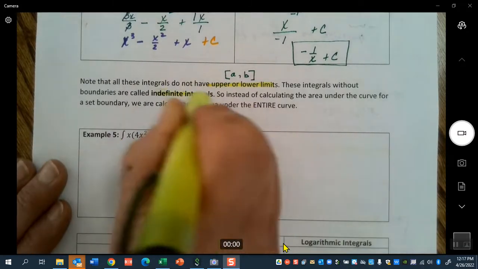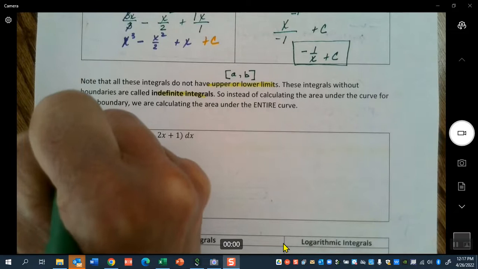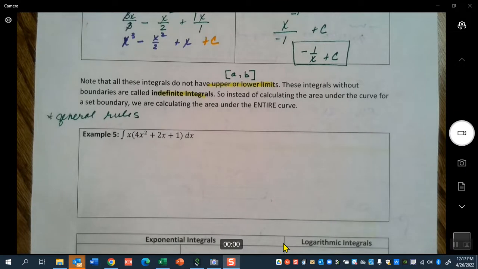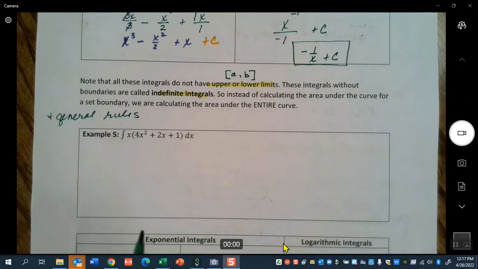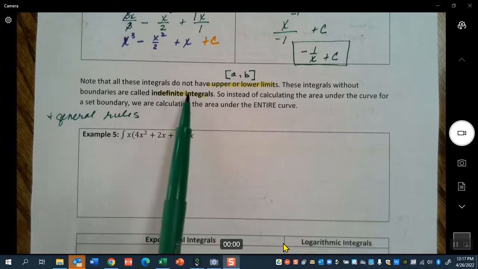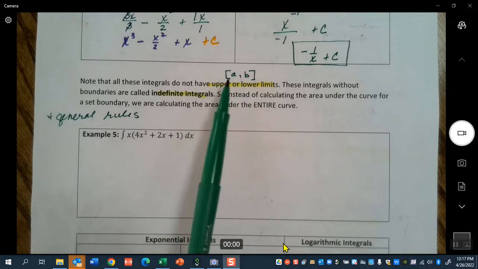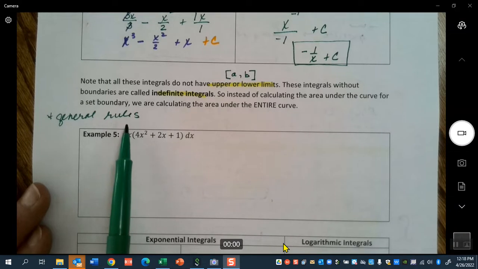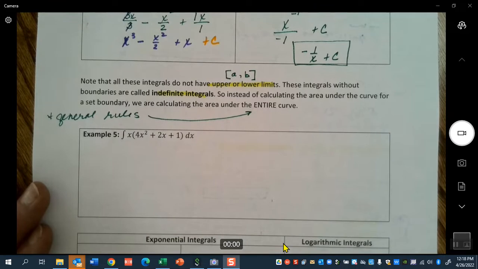What we're working on today is coming up with generic rules, general rules, that can be applied to any rate situation. So we're just going to be practicing some of these generic rules, and then we're going to go back and start doing some definite integrals where we have upper and lower limits. So indefinite integrals, no upper and lower limits. Instead of calculating the area under the curve for a set boundary, we're calculating the area under the entire curve. And then once somebody gives me a boundary, we're going to start applying that.